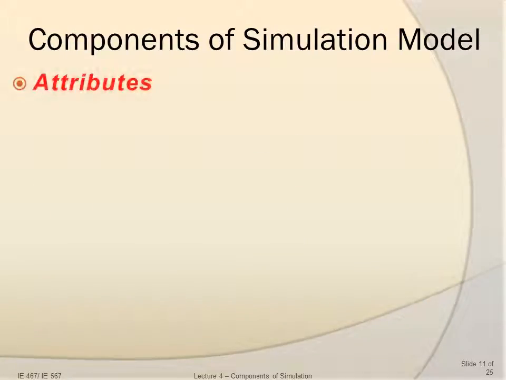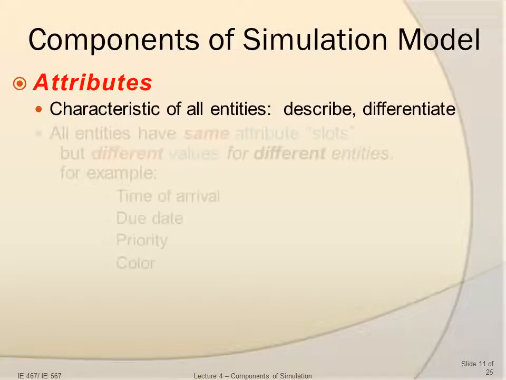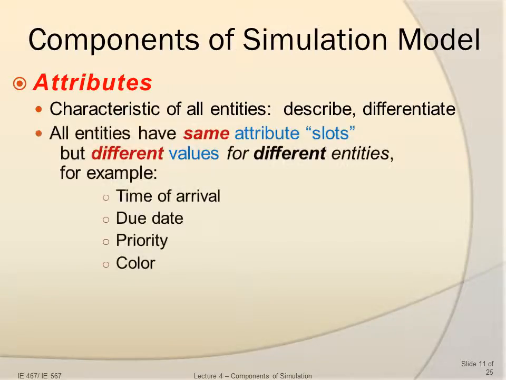Another important component of a simulation model is attribute. So attributes are basically a characteristic of entity, of all entities, and they describe the entity and they also differentiate between different entities.